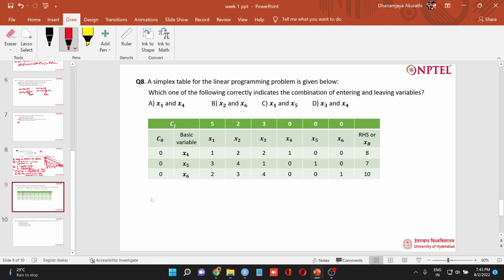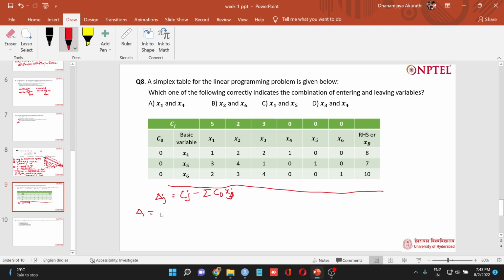How can you find the deviation entries? The deviation entry is delta j, where delta j is equal to Cj minus the summation of C naught into xj. So for the first Cj, here we had 5.